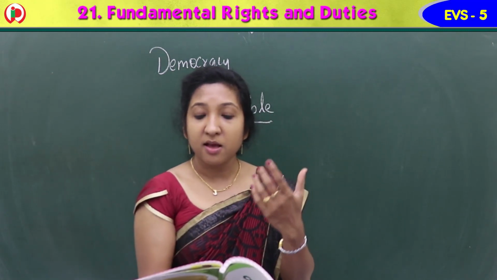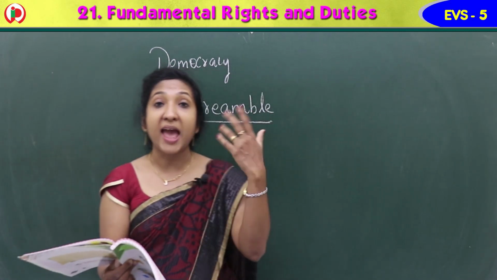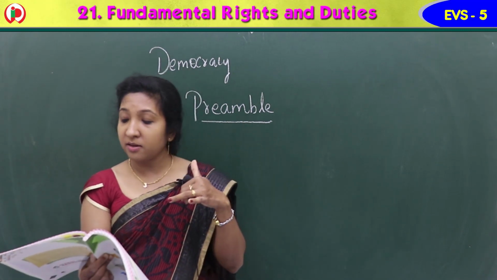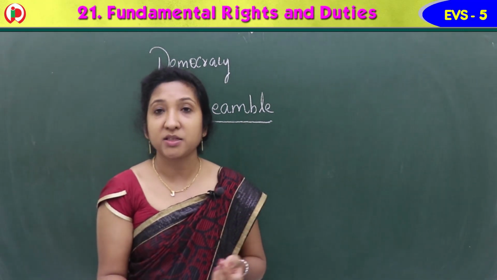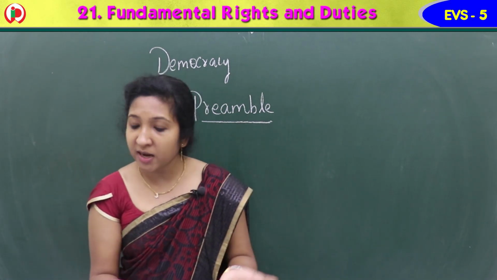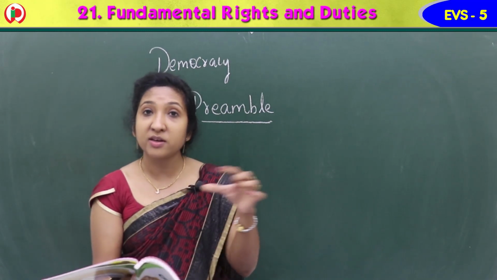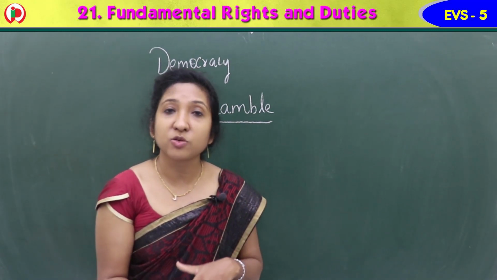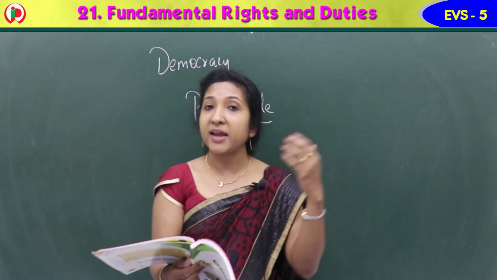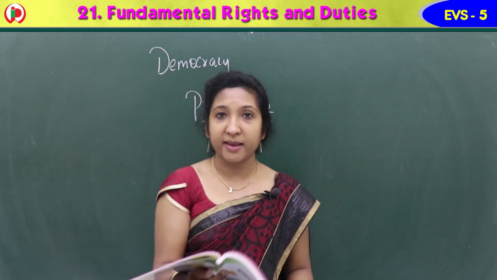These words were added to the preamble of the Constitution by the 42nd Amendment. In 1949 we formed the Constitution, and in 1976 we added these words to the preamble of the Constitution of India, and we borrowed the preamble idea from the Constitution of the USA.